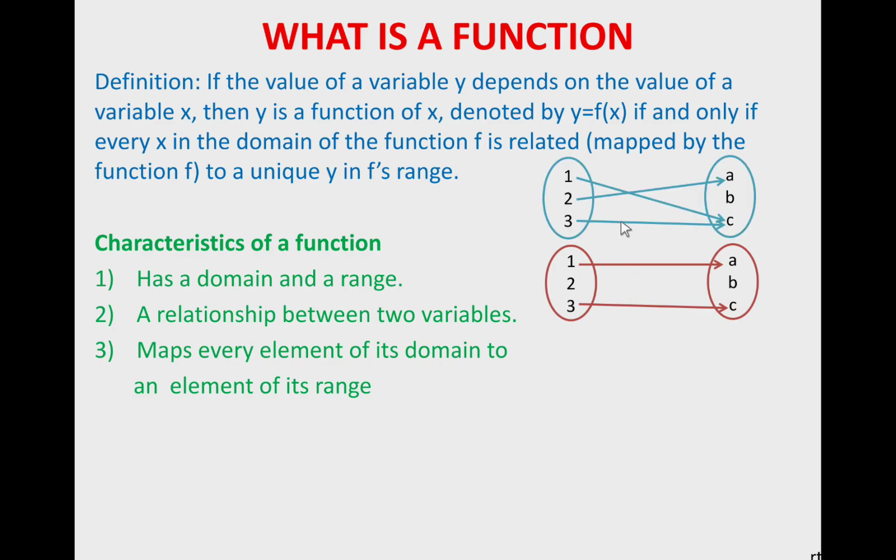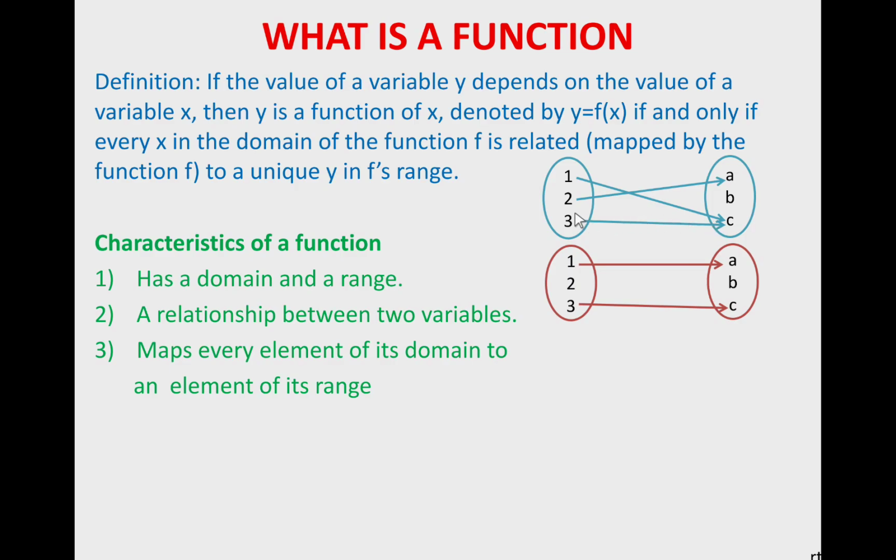Let's check another model. In this model, we have 1, 2, and 3. All of them are mapped to a unique element. And by unique element, we mean 2 is mapped only to A, and 1 is mapped only to C, and 3 is mapped only to C also.